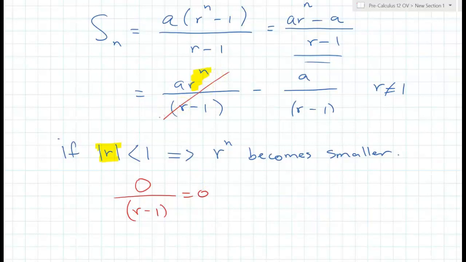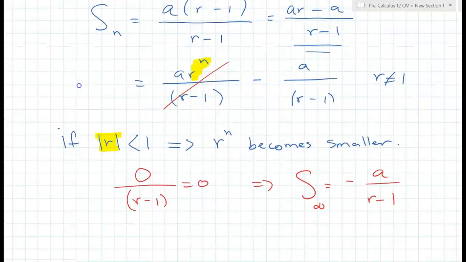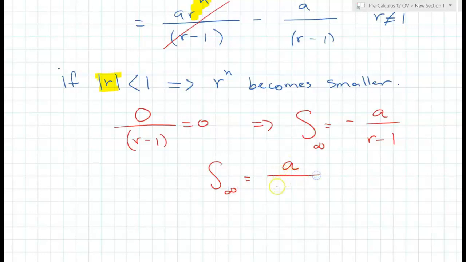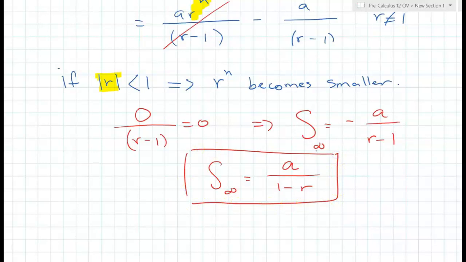So what you will end up getting, the sum of the infinite series, and that little infinite sign is the notation for the sum of the infinite geometric series, will end up being minus A over R minus 1, or in a more compact form without the negative, A divided by 1 minus R. This is the formula for the sum of the infinite geometric series, and the only way that you will have a sum is if the absolute value of R is less than 1.